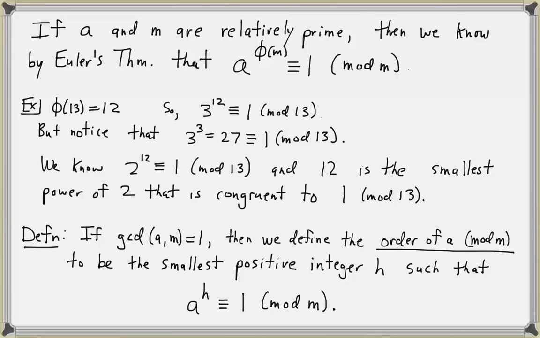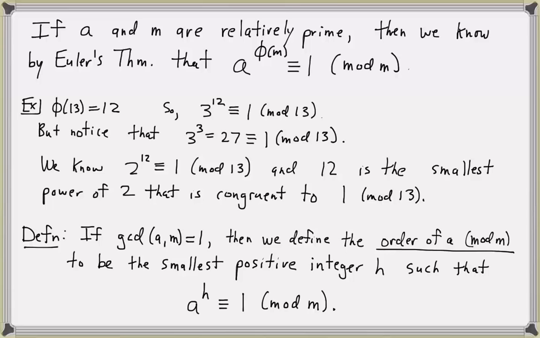So if a and m are relatively prime, we know that a to some power will be congruent to 1 mod m. So phi of m always works. Sometimes that's not the smallest power of a. So we define h to be the order of a if a to the power h is congruent to 1 mod m, and that is the smallest power of a that works.